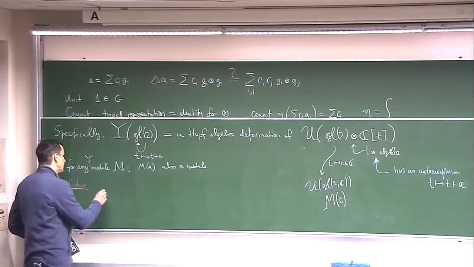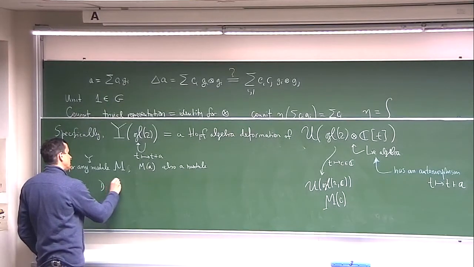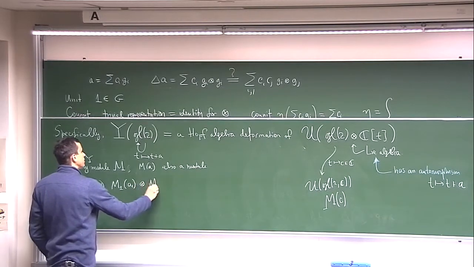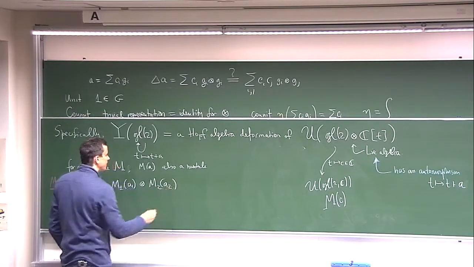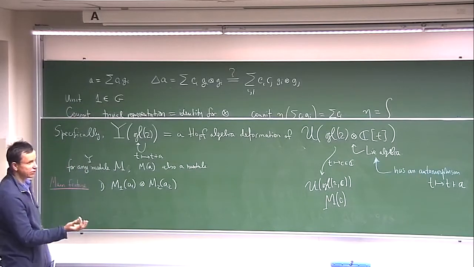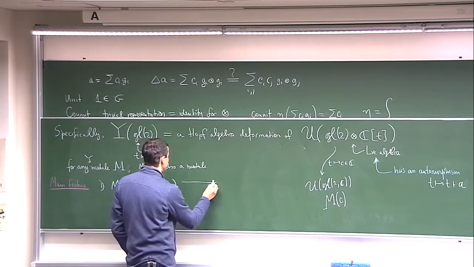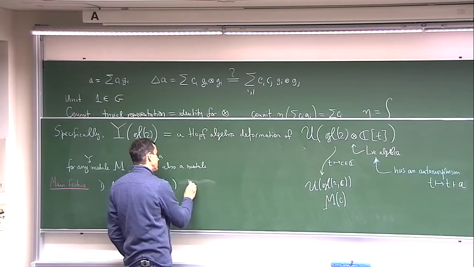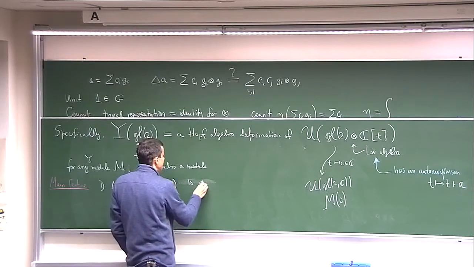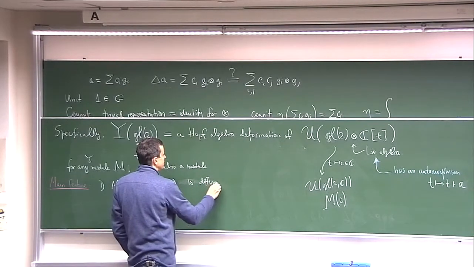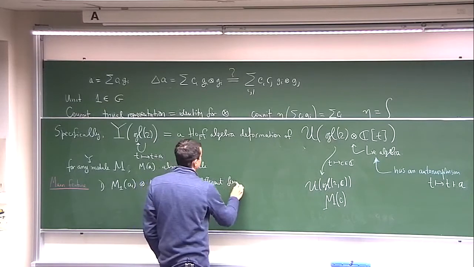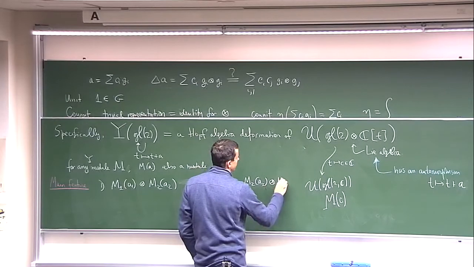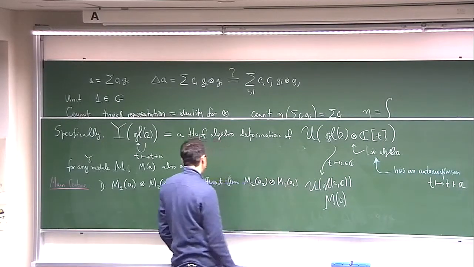Meaning that if I take M1(a1) tensor M2(a2), the permutation of factors is different from M2(a2) tensor M1(a1).